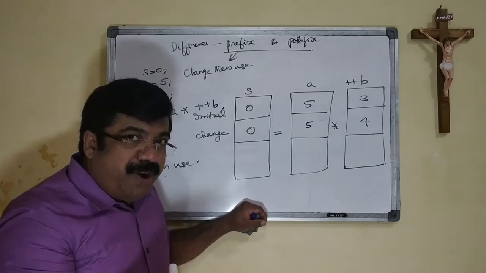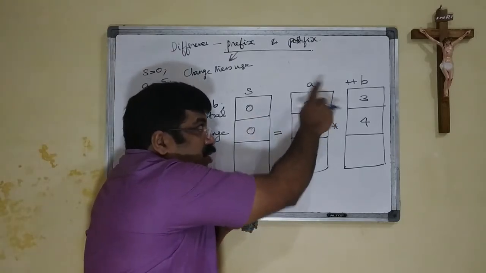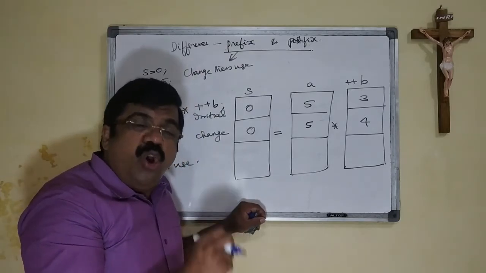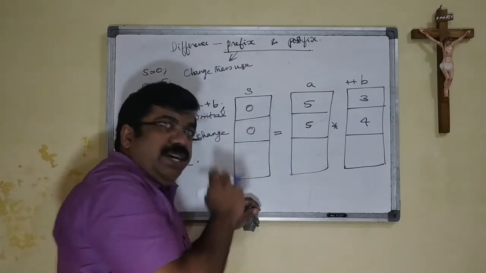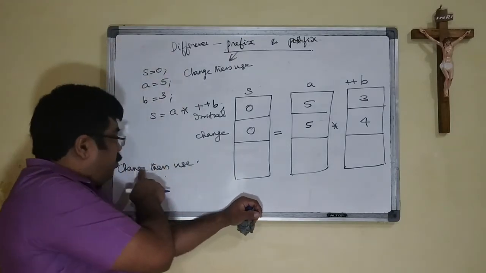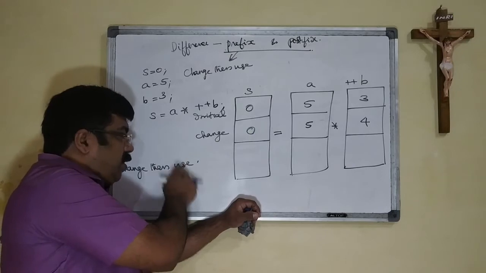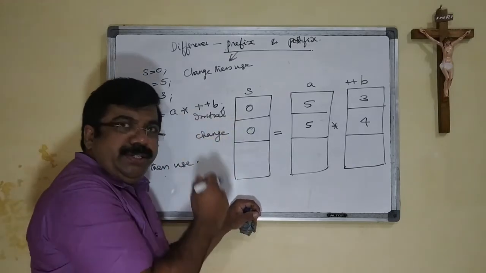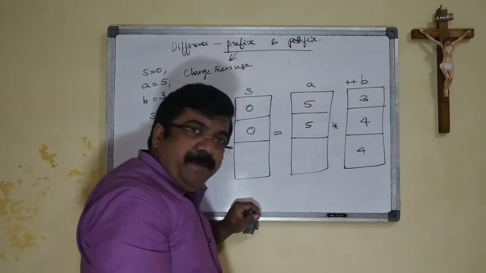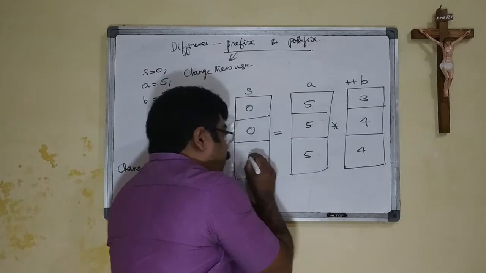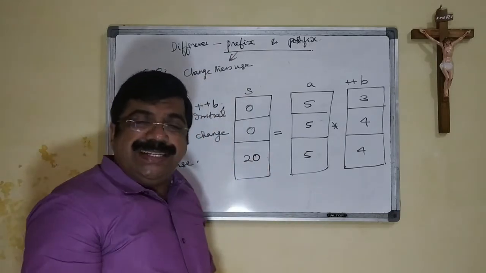In the second step, what happened? The variable which is attached with the prefix increment or decrement is changed. Next, using step: 4 here, 5 here, 5 into 4, 20.